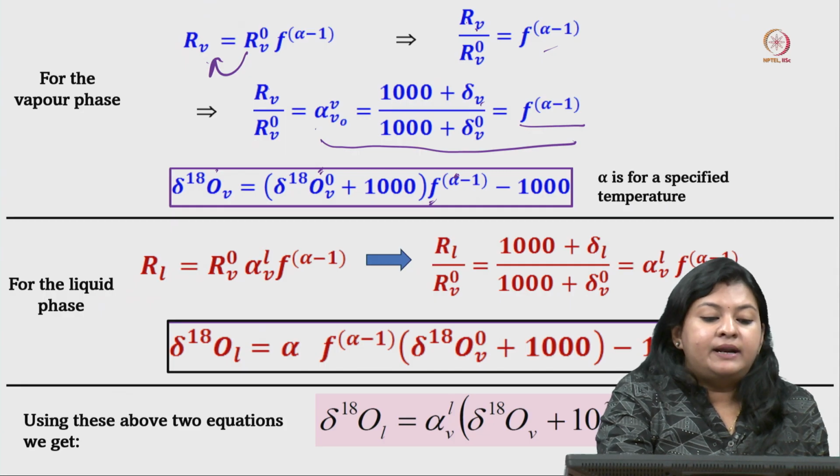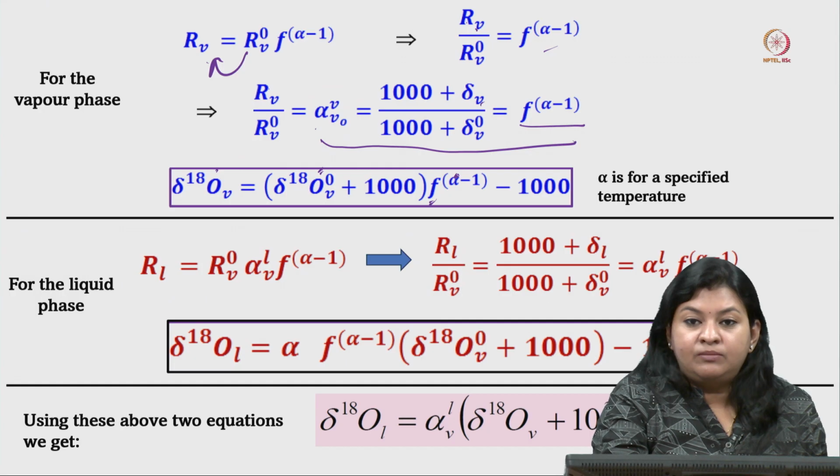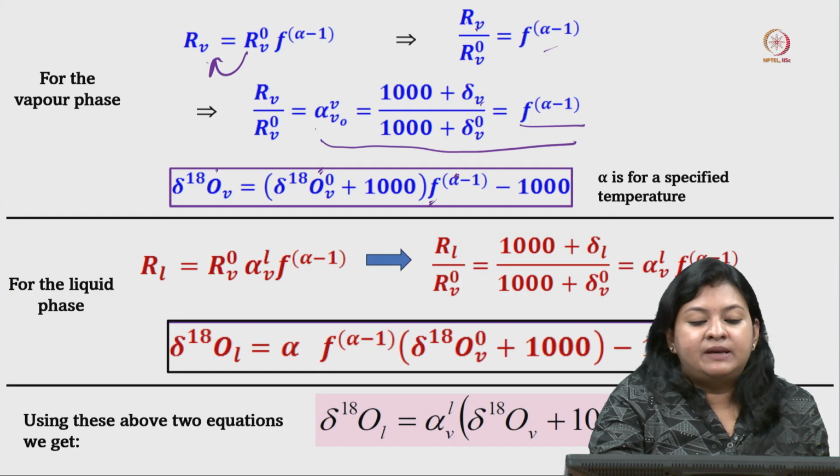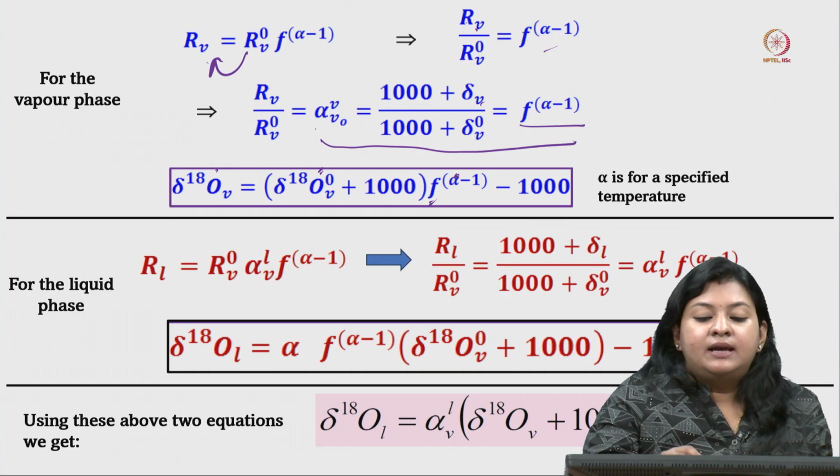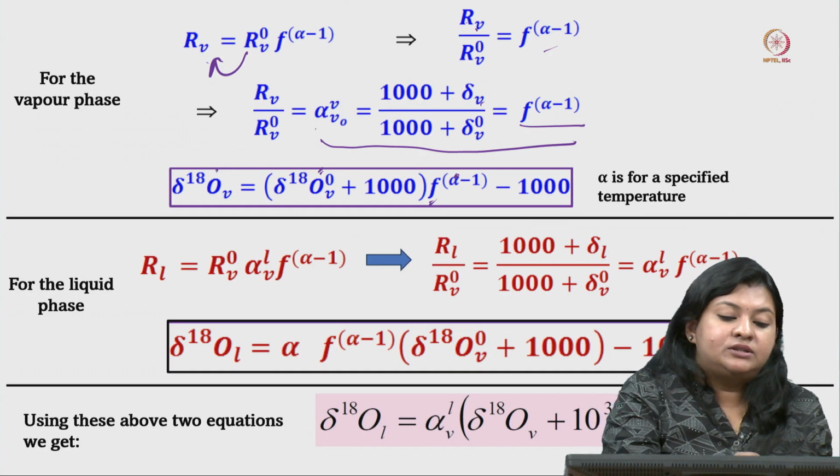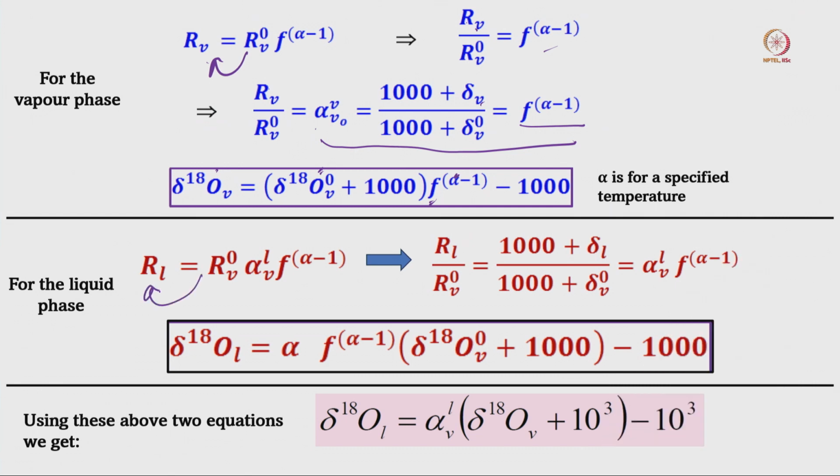So, R L, the ratio in the liquid, is equal to R V 0, the ratio in the initial vapor, multiplied by alpha L V, multiplied by the fraction of the air mass remaining to the power of alpha minus 1. Again I will do some substitutions. I will bring this term down.